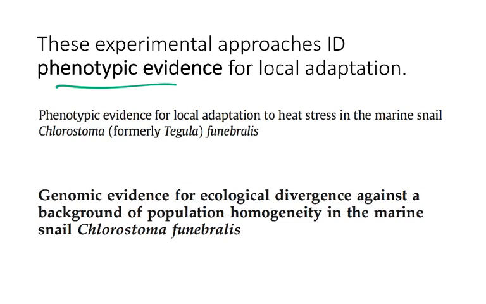So these are two titles of papers that came out of my dissertation. This first one is from 2013, where I did the study I showed in this video with the graphs with the differences in survival, and I concluded that there was phenotypic evidence for local adaptation in these populations. Later on, which is also a paper I've referenced heavily throughout the semester, I did additional genetic studies to find genomic evidence for local adaptation.